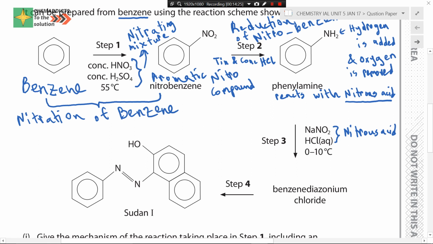We want to synthesize benzenediazonium chloride from phenylamine. For that we need nitrous acid. In order to make nitrous acid, we need to mix sodium nitrite with HCl, then with phenylamine we get benzenediazonium chloride.